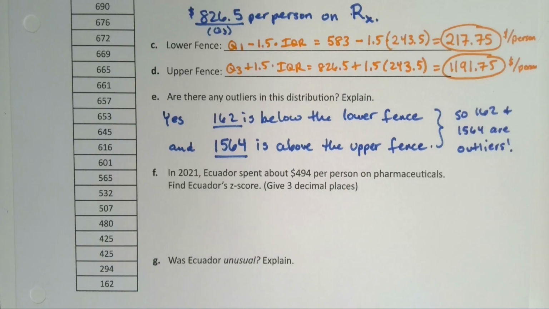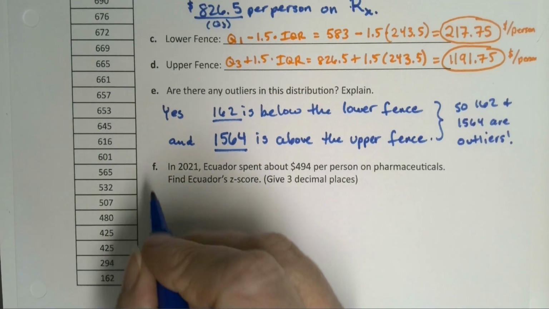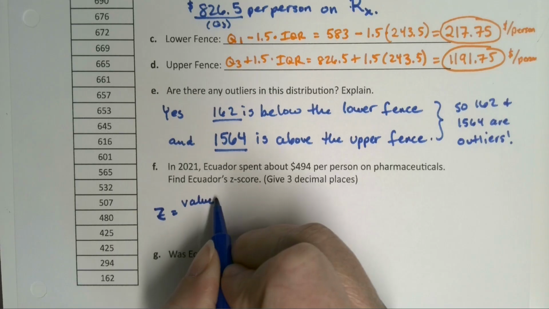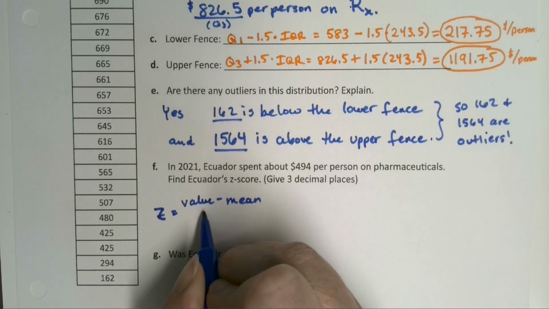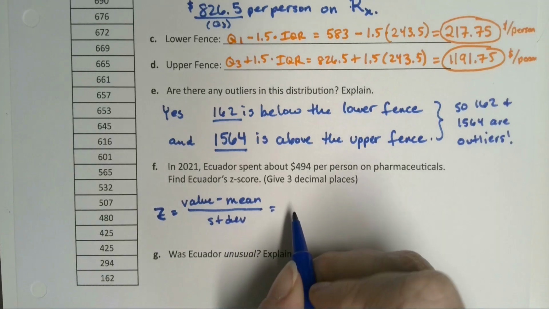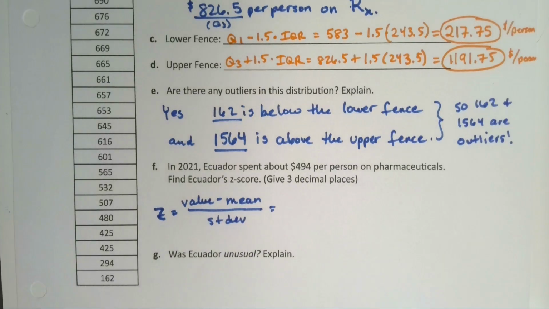All right, now let's look at Ecuador. Ecuador spent about $494 per person on pharmaceuticals. We're going to find Ecuador's z-score. All right, now the z-score, that takes us back to the beginning of this section. That's your value minus your mean divided by your standard deviation. Okay, so the value for Ecuador is right here, right? This is Ecuador's value, 494.